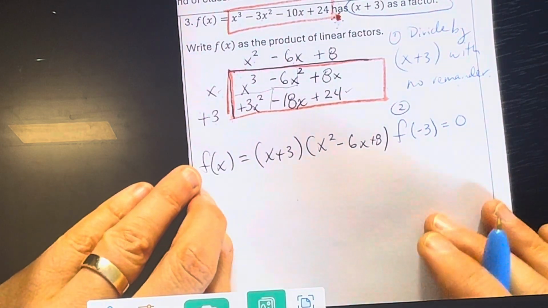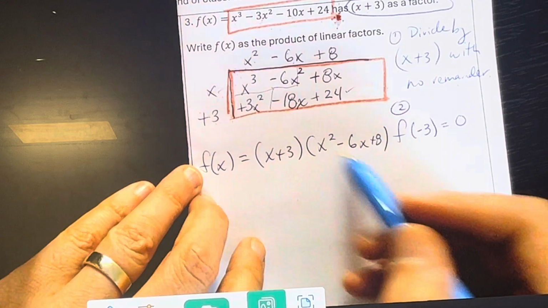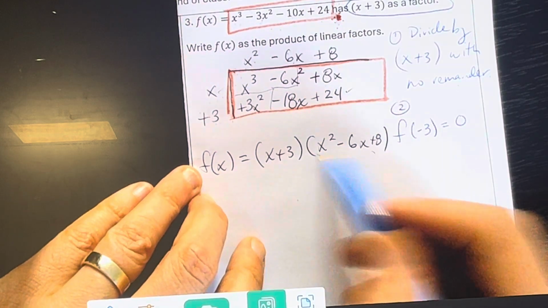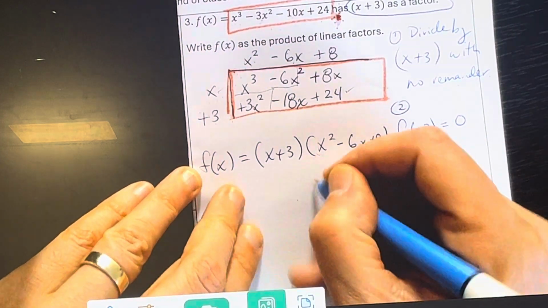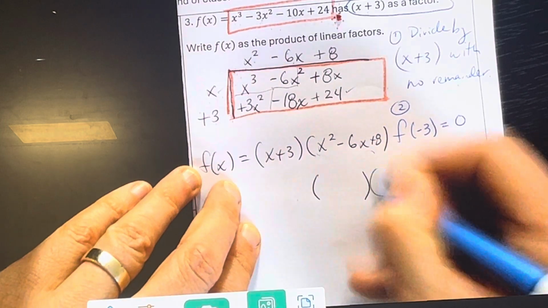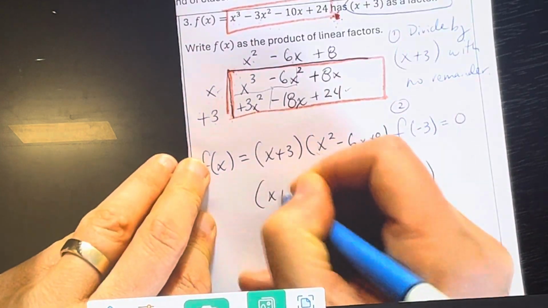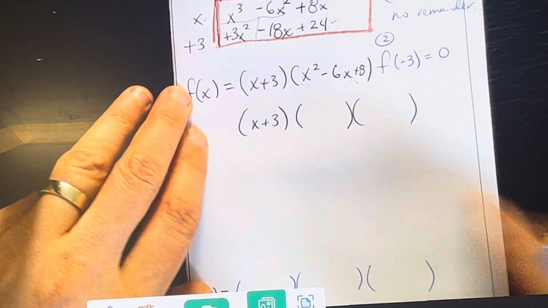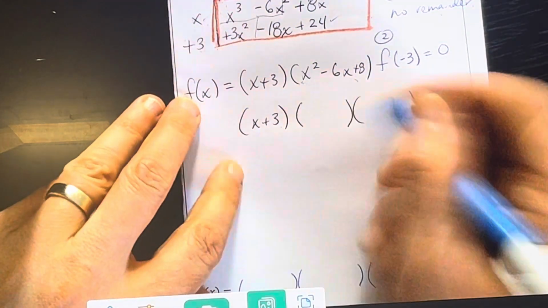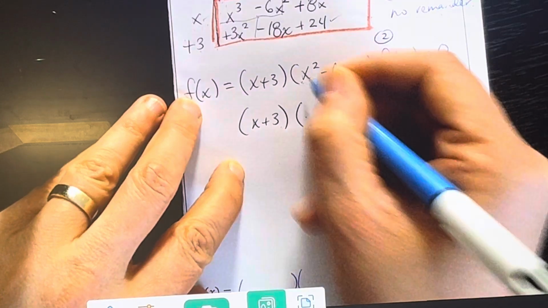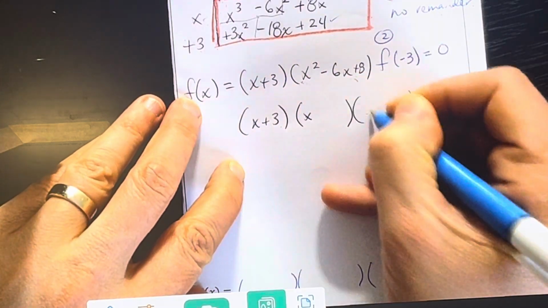And now what we're trying to do is break down this into 2 more factors. We can bring down x plus 3. All right, so now to work on this, it's going to be something times something is 1x squared, so that's going to be x times x.